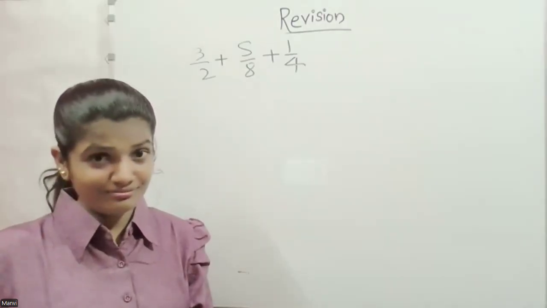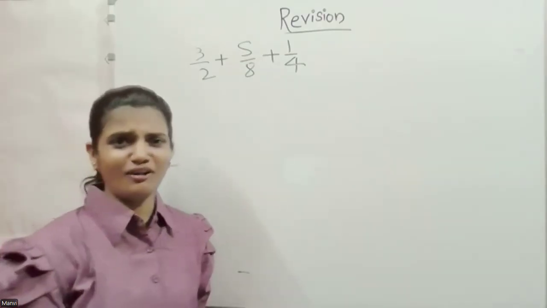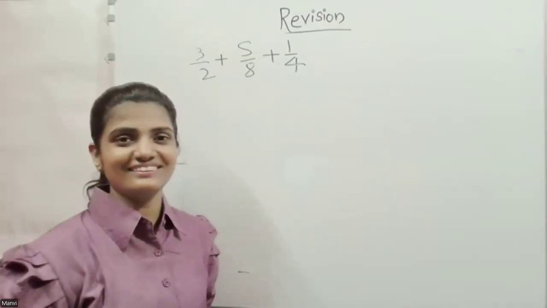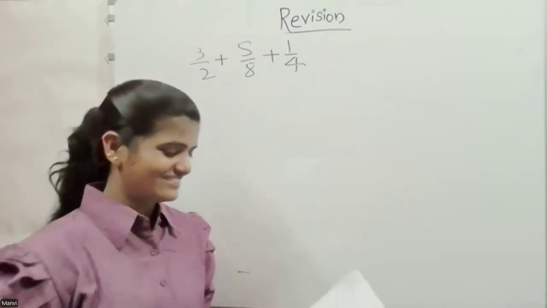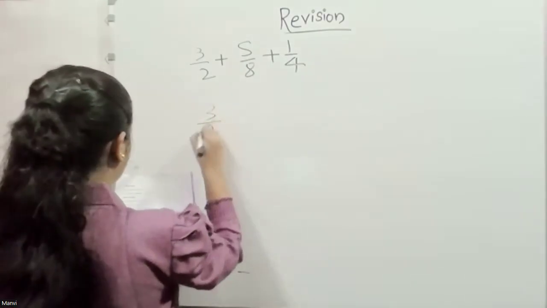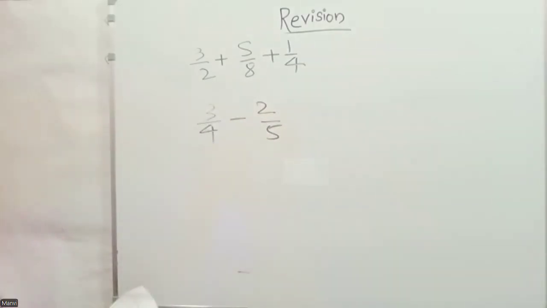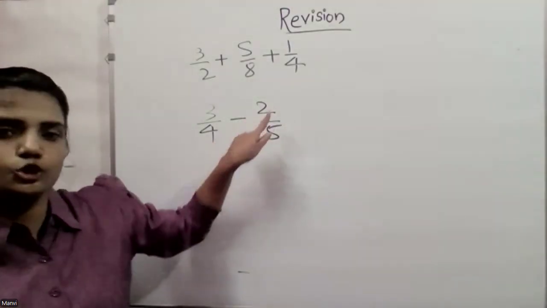18? 19. Yeah. I said 19 twice. My answer was 19. Okay, now try this, Kavya. Subtraction, okay? 3 by 4 minus 2 by 5, okay?